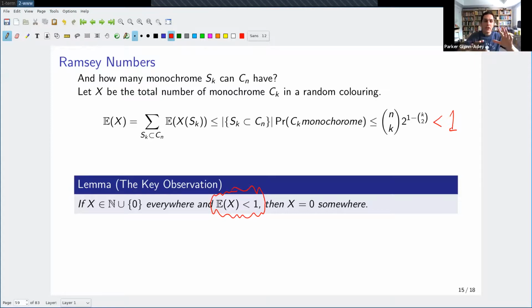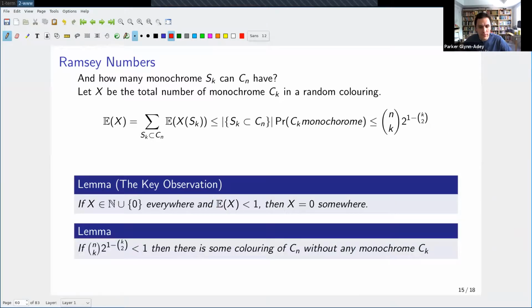So here we're looking over all colorings and we're saying if there's a coloring with expected value less than 1, then there's a coloring with no monochrome triangles. And this is something where we have a lot of control now. Now we can figure out which numbers work in here to make this thing less than 1.